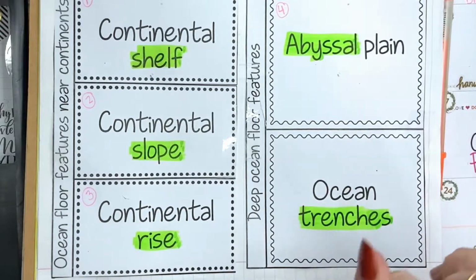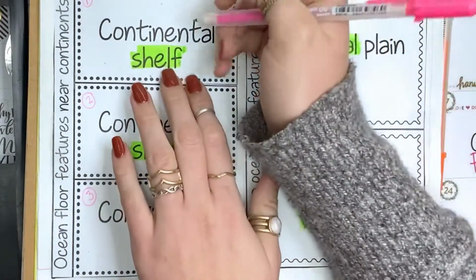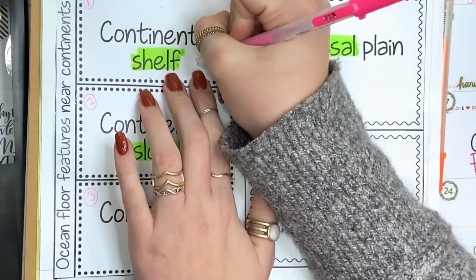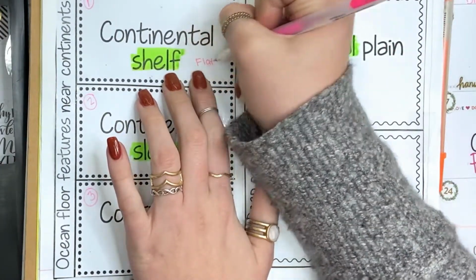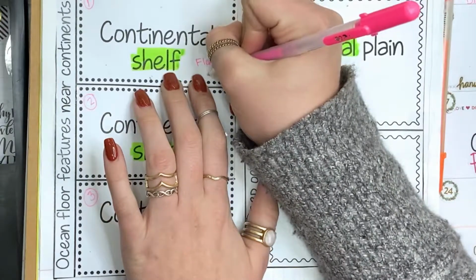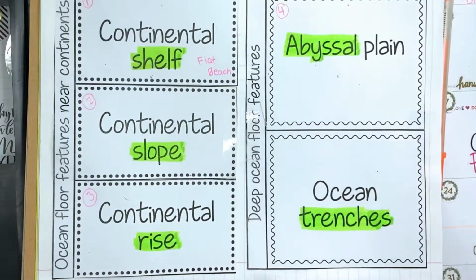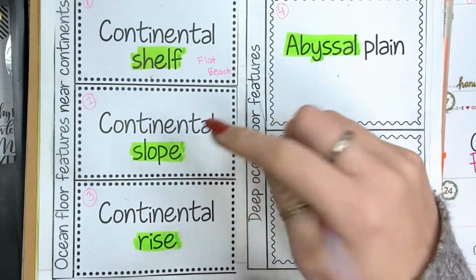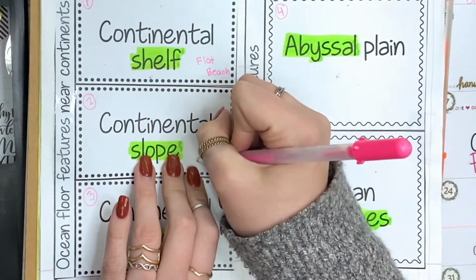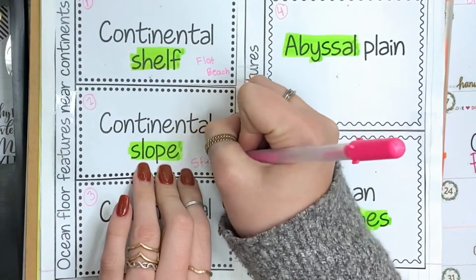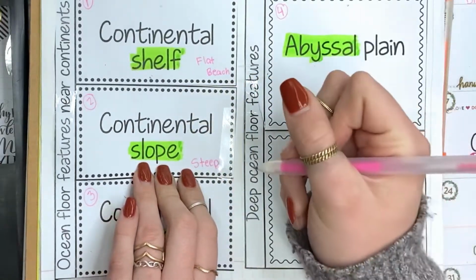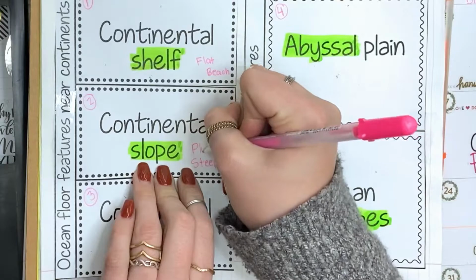This is pretty flat, and it is at the beach. So I'm just putting some keywords on top before I go underneath. The continental slope, remember, is very, very steep. It is a plunge.